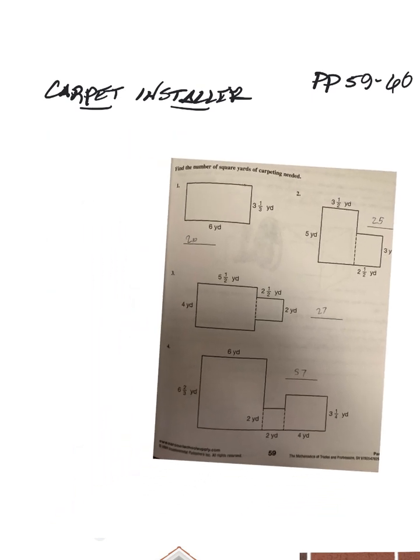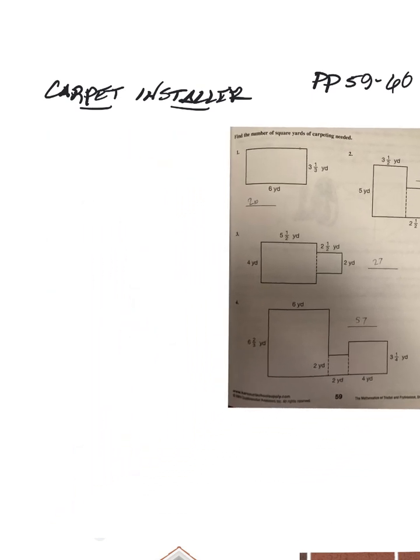So let me make this picture smaller and kind of get it over here. For one thing, some students will take 3 1/3 and change that to an improper fraction, which would be 10/3, and then multiply that by 6, because length times width gives you the square footage of a rectangle.